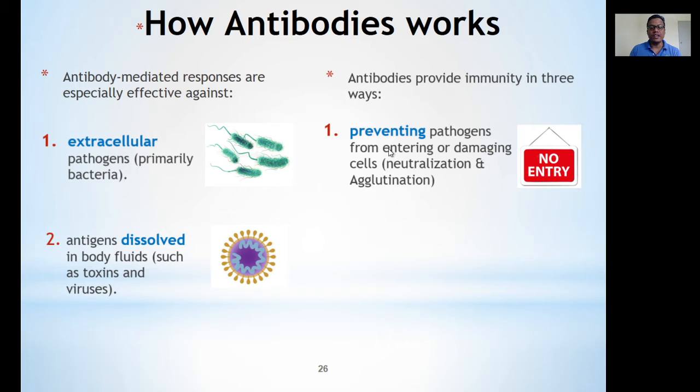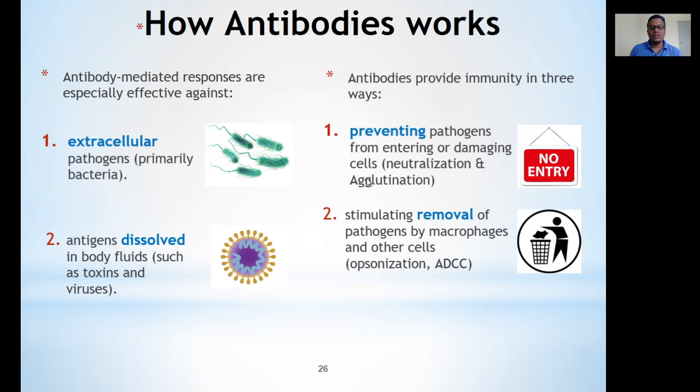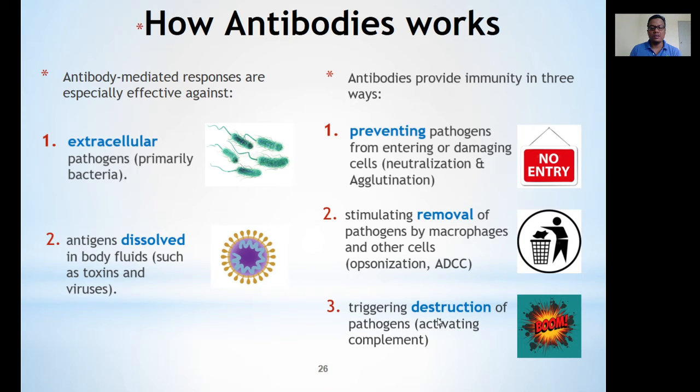First, by preventing entry, so preventing pathogens from entering or damaging cells. Second, by stimulating removal or discarding of the pathogens by macrophages and other cells. And third, by triggering destruction of the pathogen.